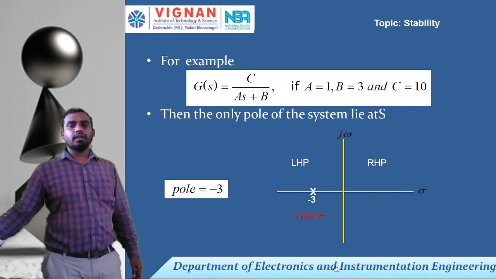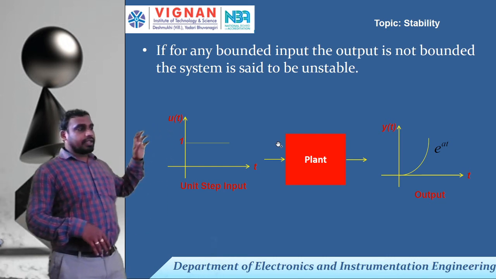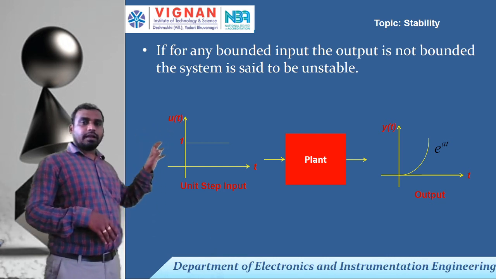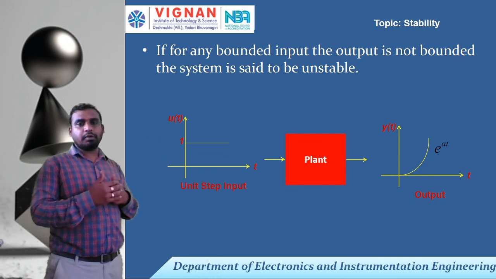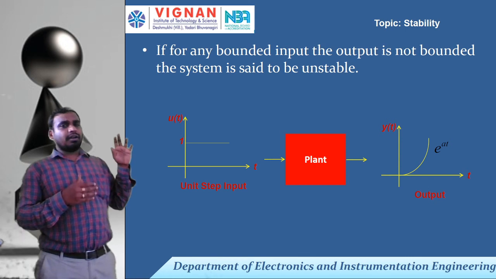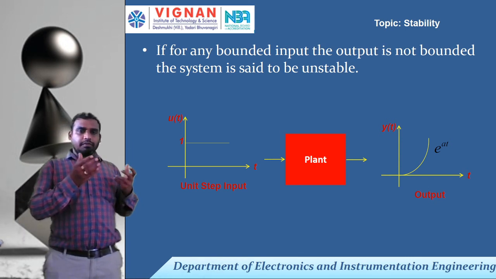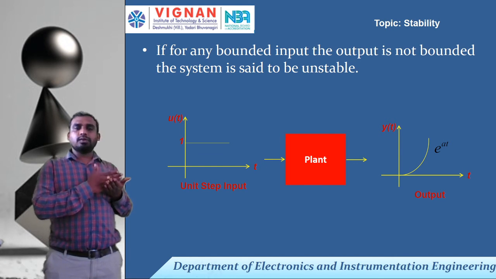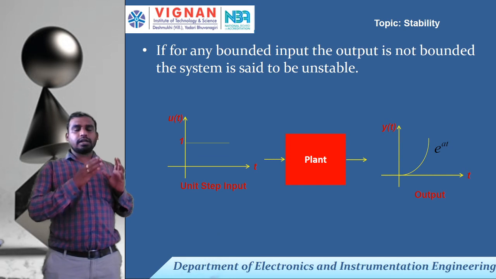Right? So consider this plant here. When you are giving a certain bounded input to the plant, you should get a bounded output. That is what stability is about. But what is this bounded input and bounded output actually? When the initial value and the final value of the input are within your desired level.